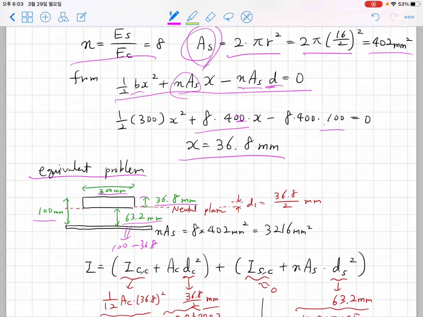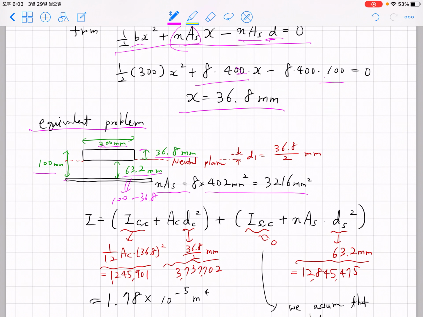Now the area of this part is n times As, which turns out to be 3216 square millimeter.